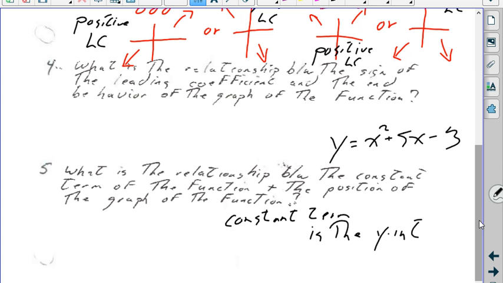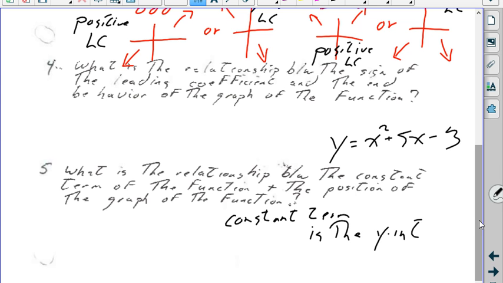And that works for everything written in general form. Not so much in factored form, but anything written in general form, which is all of those ones that you saw on that sheet, the y-intercept always is that constant term. The x-intercepts are harder to find.